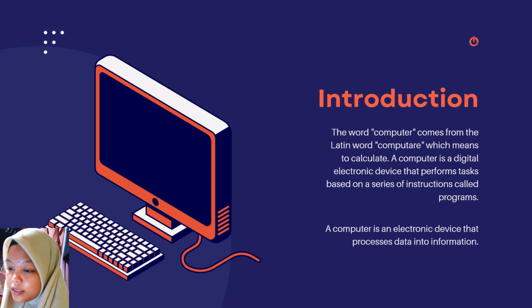It accepts data as input, such as from a keyboard, mouse, or other device, processes it in the CPU, temporarily stores it in RAM for faster access, and outputs it through a monitor, printer, or other device. The processed data can be displayed in the form of text, images, videos, or other types of information.